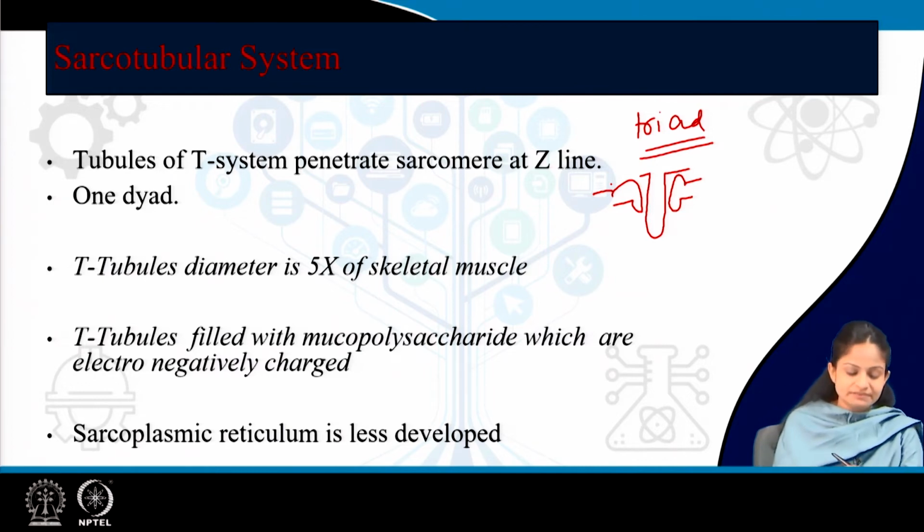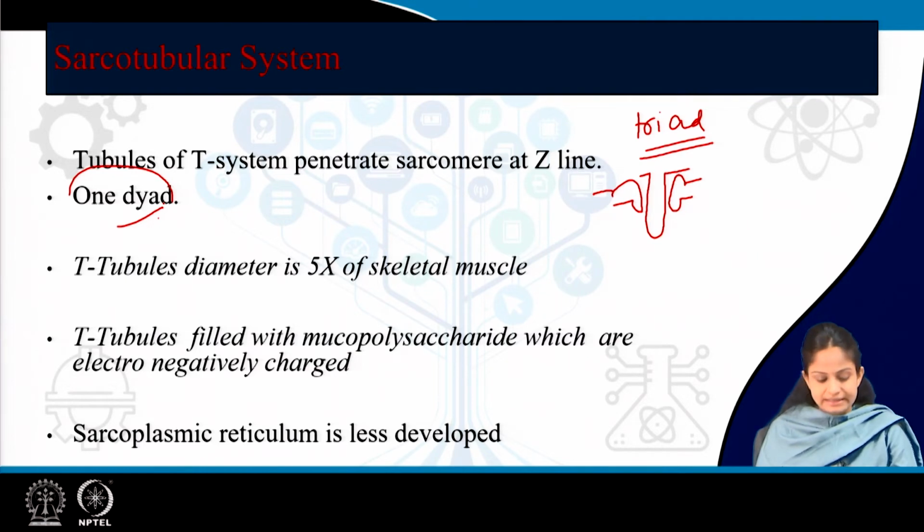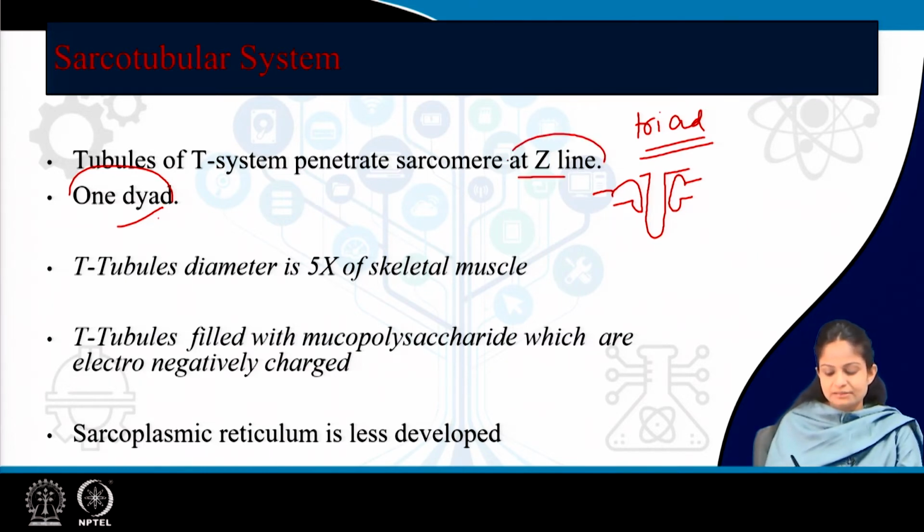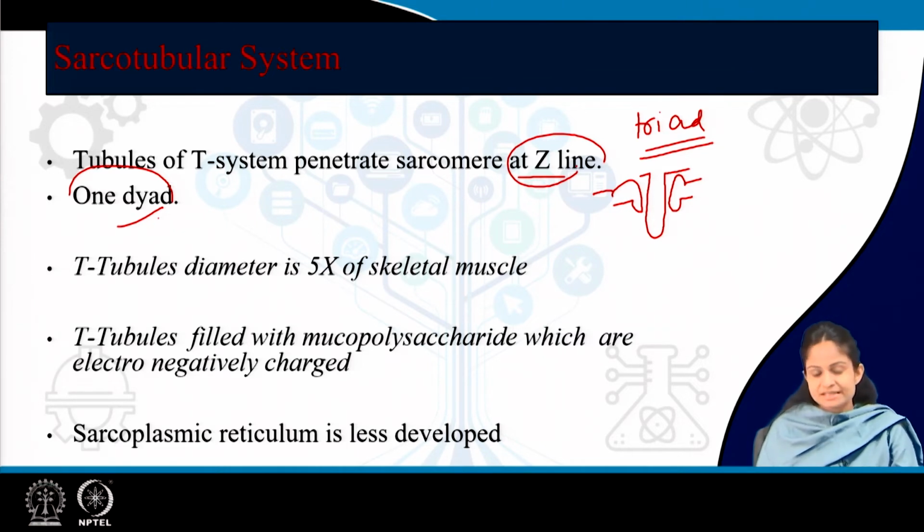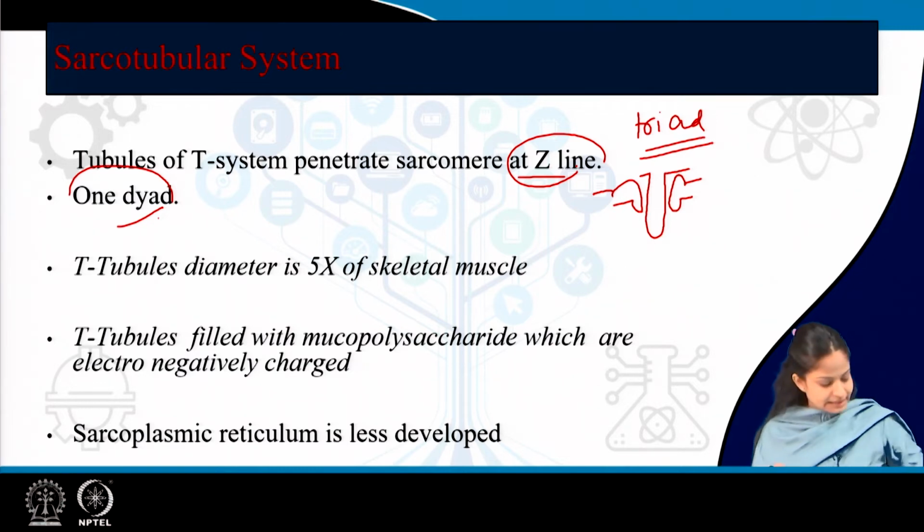In cardiac muscle, we do not get a triad, but we get a dyad. Another important thing is the T-tubule penetrates the sarcomere at the level of the Z line, but in skeletal muscle, this penetration occurs at the junction of the A and I band. So, why is there a difference in the formation of triad and dyad?